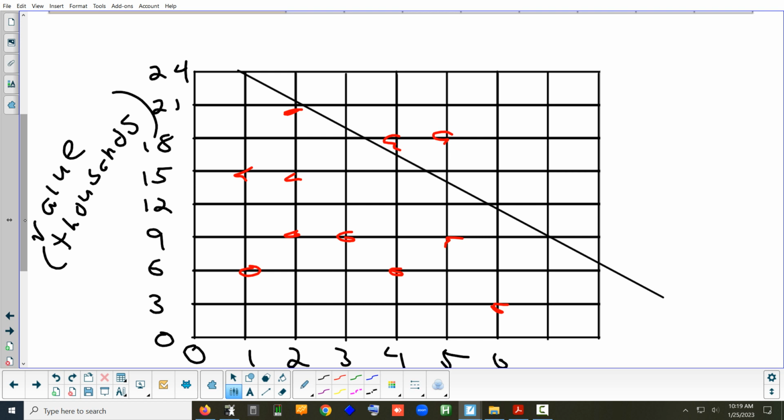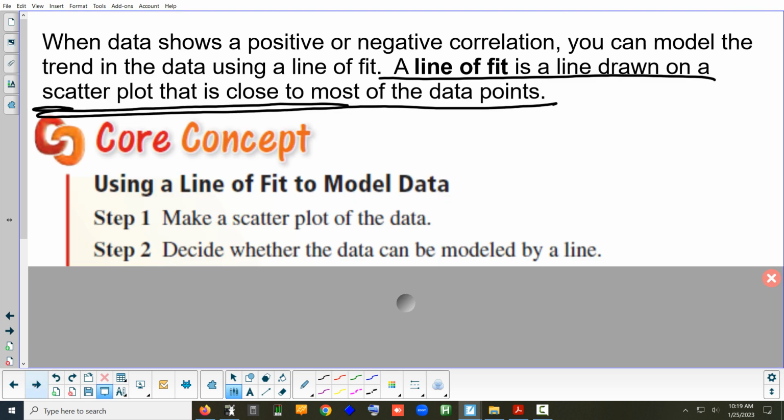There's no correlation at all. Let me put it back the way it was. There you go. So in our problem, if we had to decide whether those points are in a straight line, I would say yes. The points from the last problem, they do look like they're in a straight line. So then we would continue on to step 3.